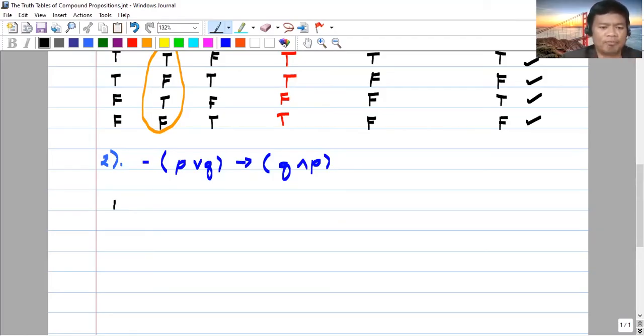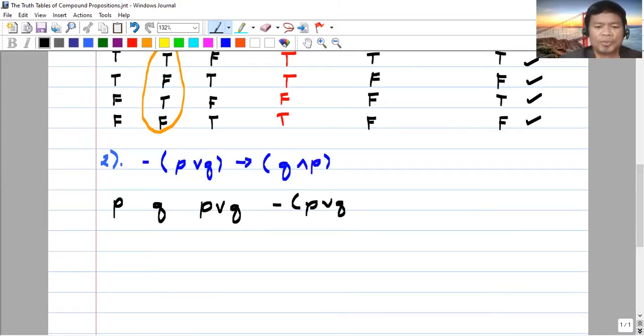So we have P and we have Q. Okay, so in the first expression, we have the negation of P or Q. So first, we have to determine the value of P or Q so we can negate the value of that disjunction.